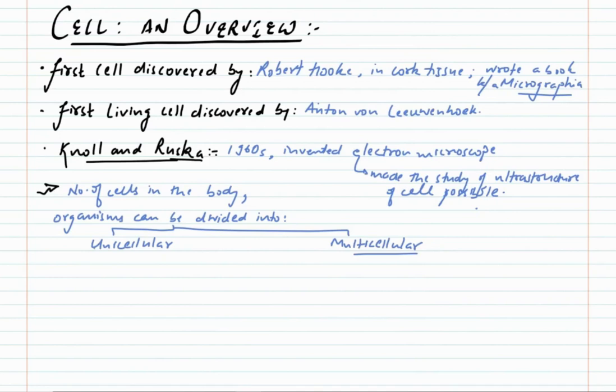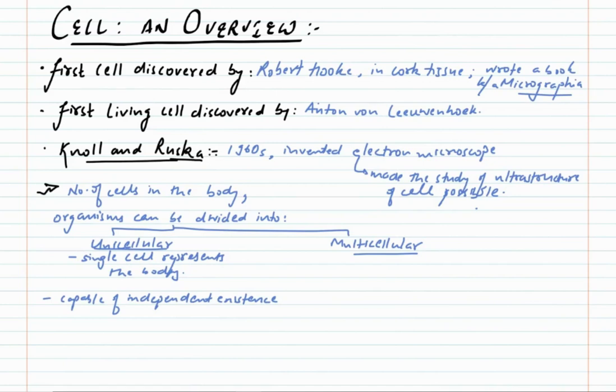In unicellular organisms, a single cell represents the body. These unicellular organisms are capable of independent existence. That is, the cell is able to perform all of its functions that are required to sustain a living state.